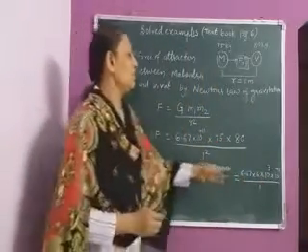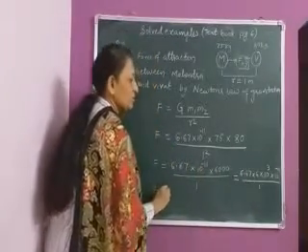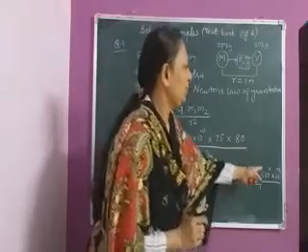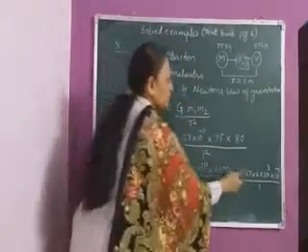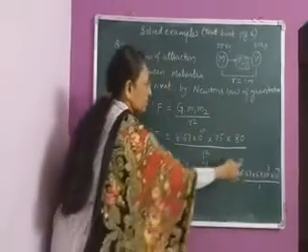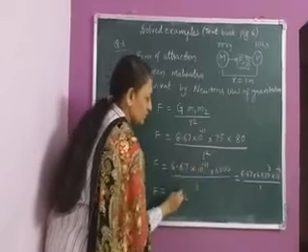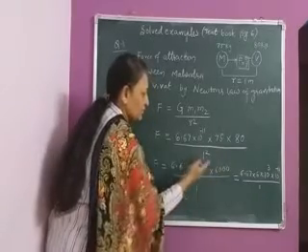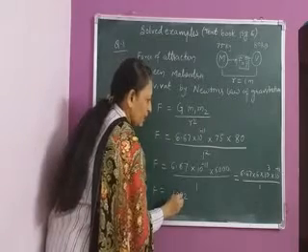Since the denominator is 1, the value is 6.67 into 6 into 10 to the power 3 into 10 to the power negative 11. Let's go for this multiplication. 6 7s are 42, carry over 4, 6 6s are 36, 40, 0 carry over 4, 6 6s are 36, 40 again. And the decimal point will come after 2 places.